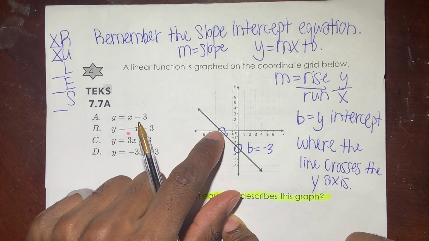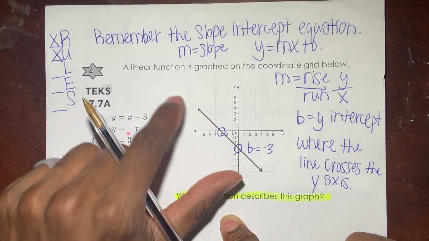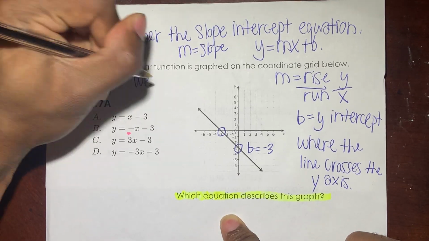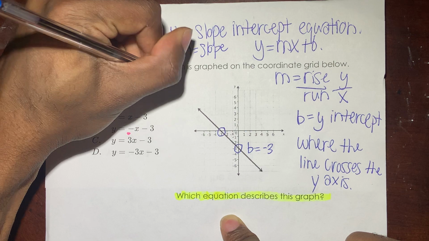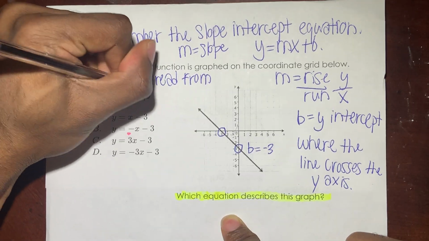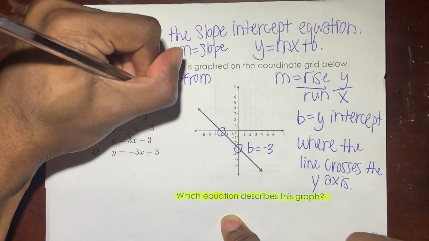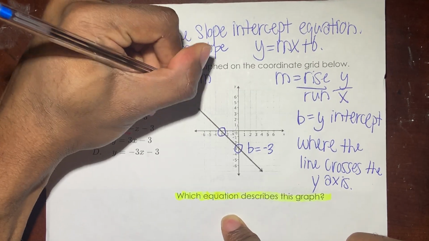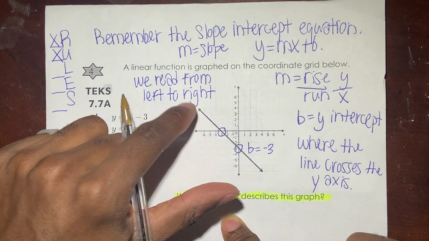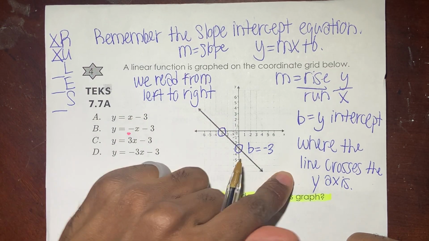The graph in this case, because we read from left to right, right? So if we read this graph from left to right, it is going downwards.